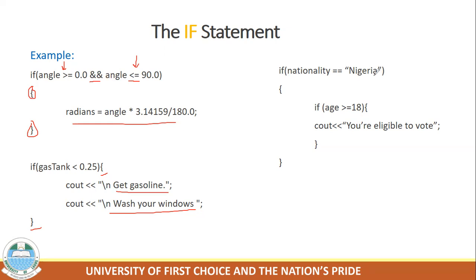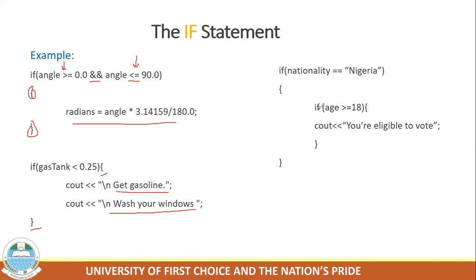So here we are making a decision. If your nationality is Nigeria, the statement in the brace will be executed. Let me imagine my nationality is Nigeria. Then this is true, and the statement in the brace will be executed.